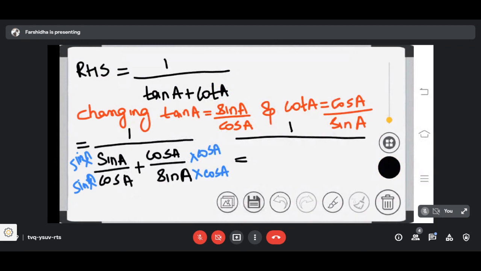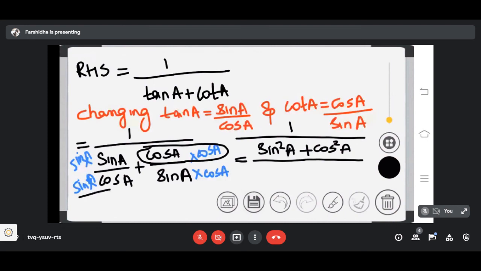So therefore it will be 1 by, see, sin A into sin A will be sin square A plus, here you can see cos A into cos A, cos square A, divided by the common denominator. What is the common denominator? Sin A into cos A. That is the common denominator.